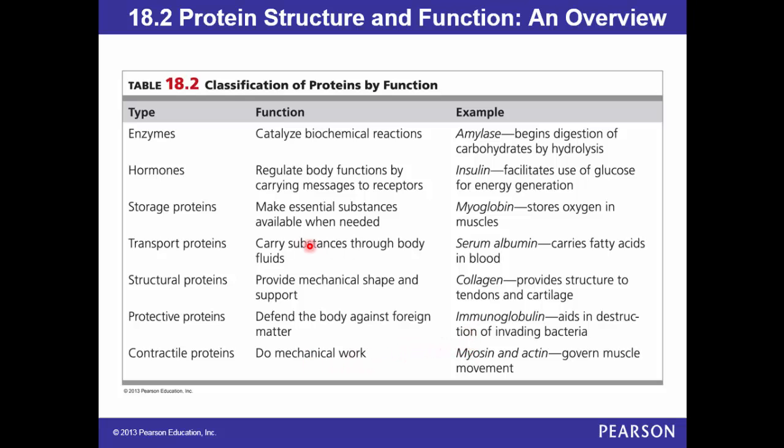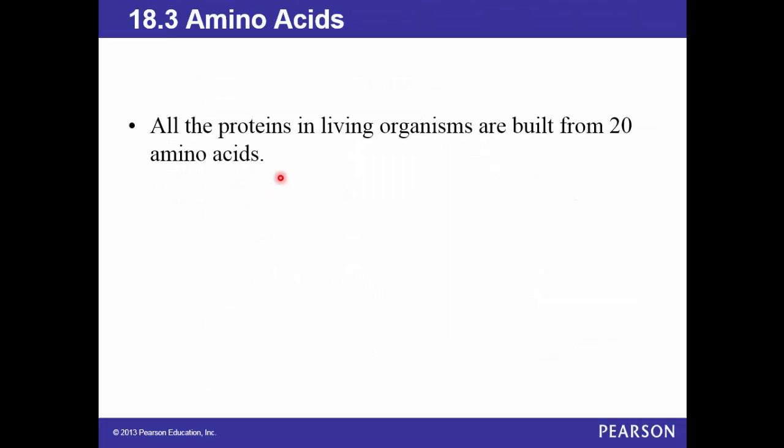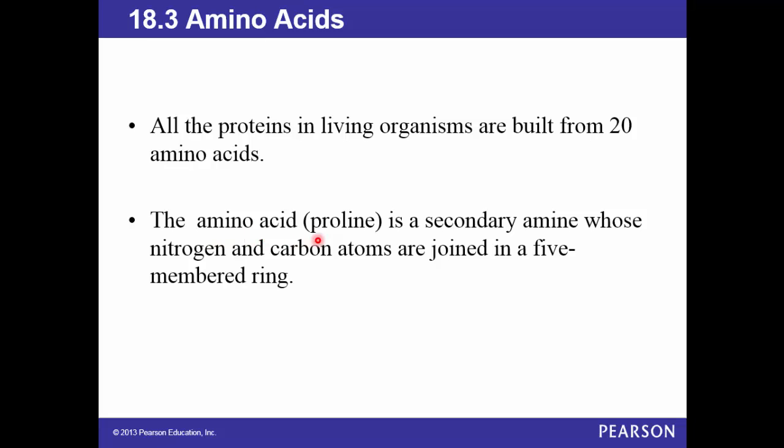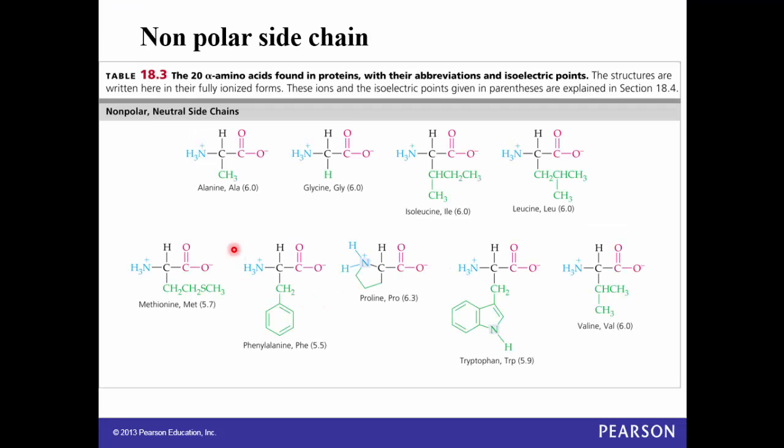So all these are functions of proteins. All the proteins in living organisms are built from 20 amino acids. Now, the amino acid proline is a secondary amine whose nitrogen and carbon atoms are joined in a 5-membered ring.